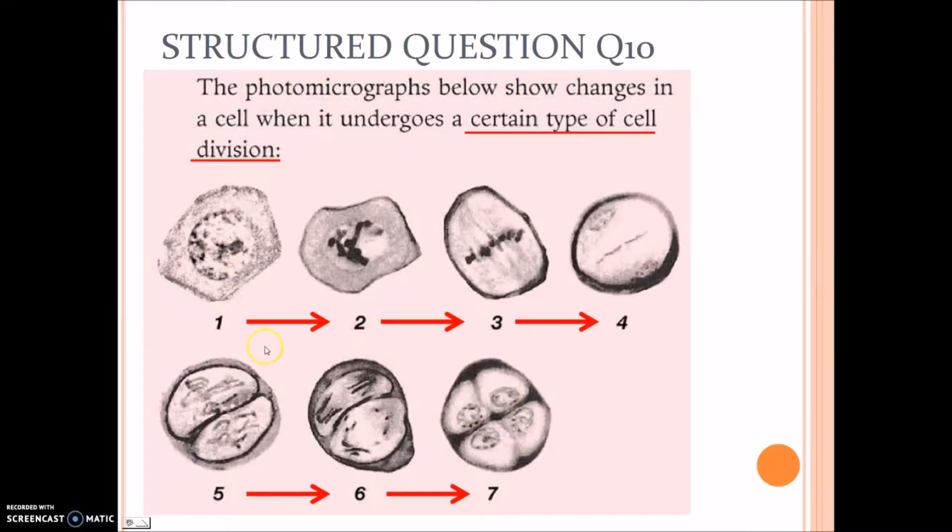So 1 to 2 to 4. For your knowledge learned from this chapter, 1 to 2 to 4 means 4 daughter cells will be produced in this type of cell division. So what will be the type of cell division in this question?